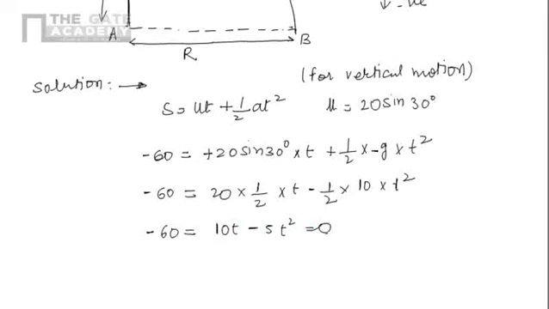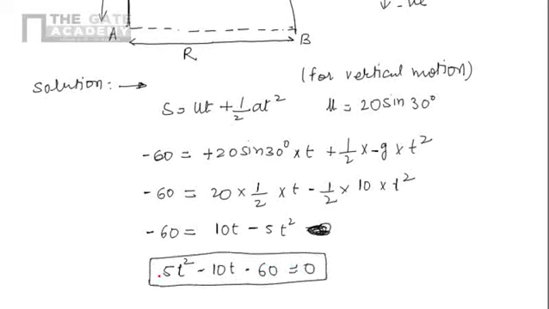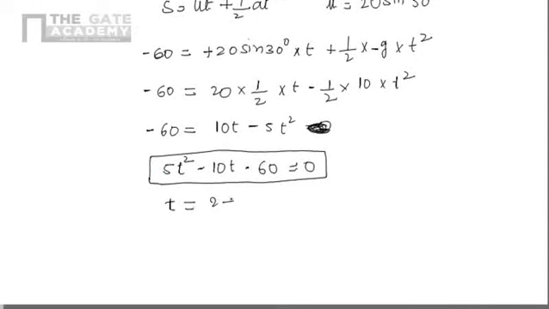So we are having 5T square minus 10T minus 60 equals 0. So we got a quadratic equation in terms of T, that is 5T square minus 10T minus 60. So we can solve it. T will be 2 plus minus root of 4 plus 48, divided by 2.